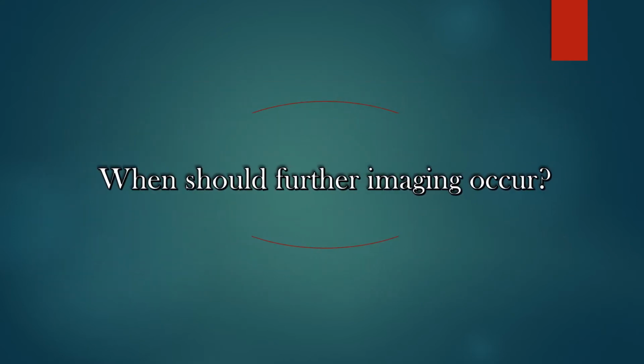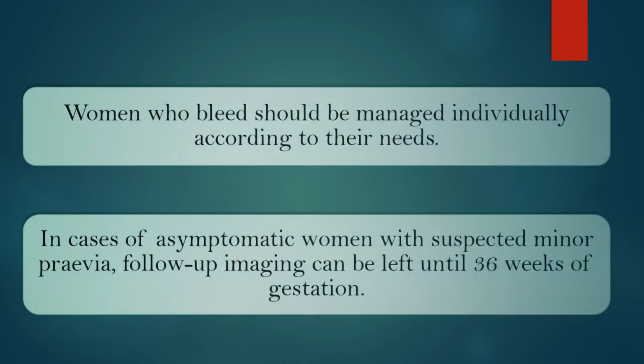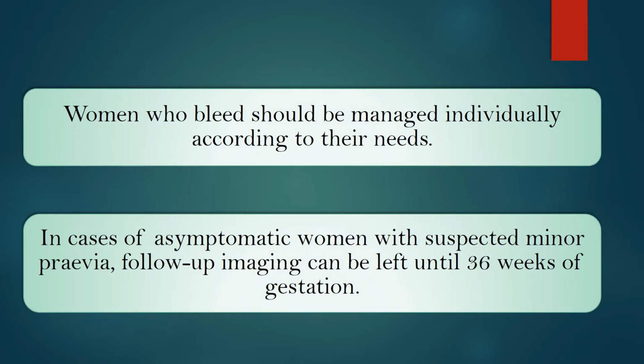When should further imaging occur? Women who bleed should be managed individually according to their needs. In cases of asymptomatic women with suspected minor previa, follow-up imaging can be left until 36 weeks of gestation.